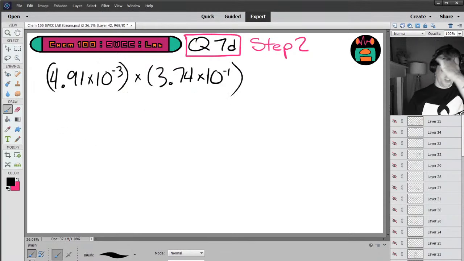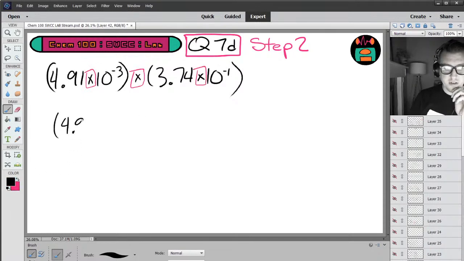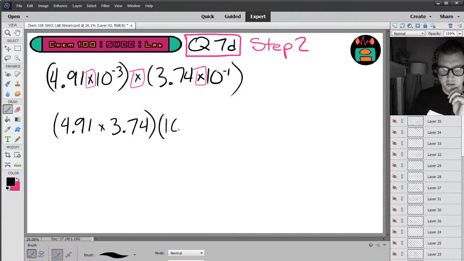Now, because everything here is multiplied, we can multiply this in any order. And I find it easiest to group our numbers together and our exponents of 10 together.